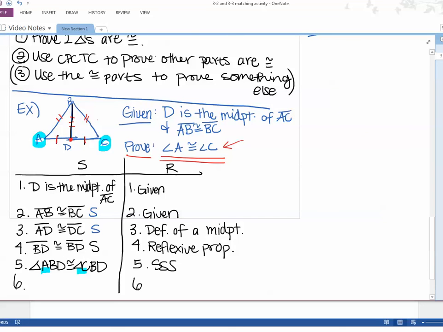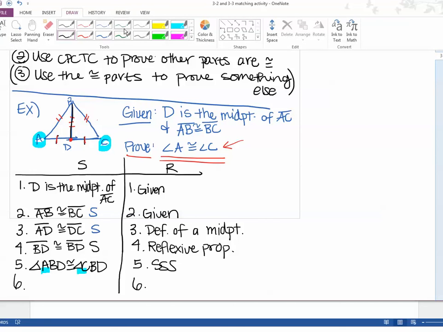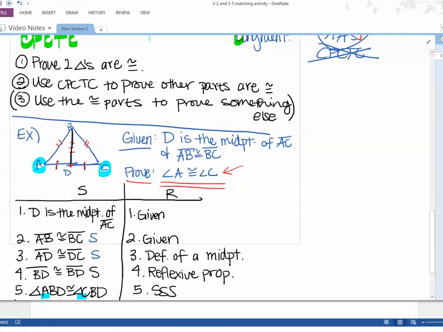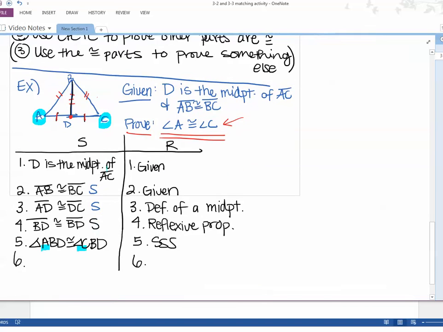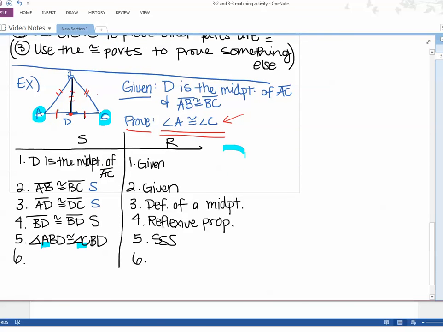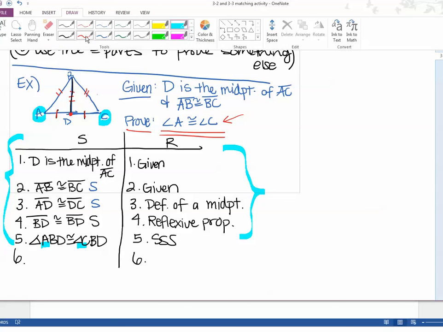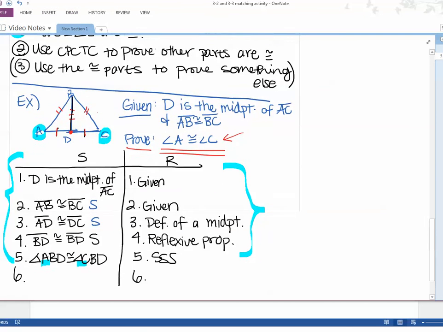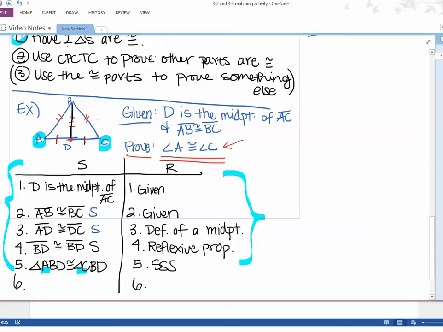Okay, the next step is where we use CPCTC. Okay, but I want to show you. Basically, step one that we just did, prove the two triangles are congruent, that was all of this. Okay, it's a big step. But you have to do that whole thing first. So now step two says use CPCTC to prove the other parts are congruent.